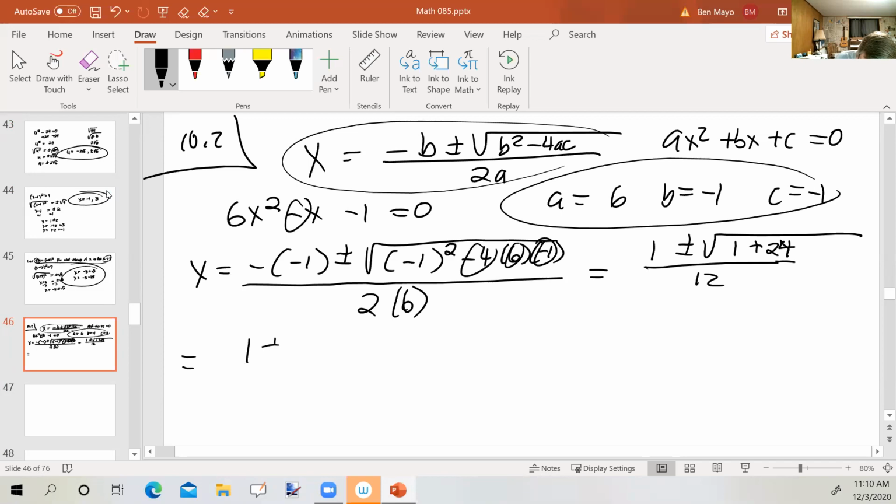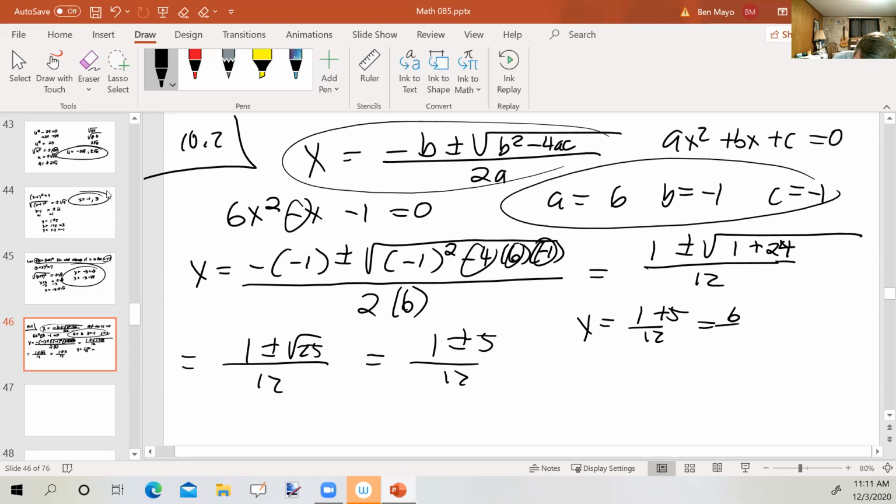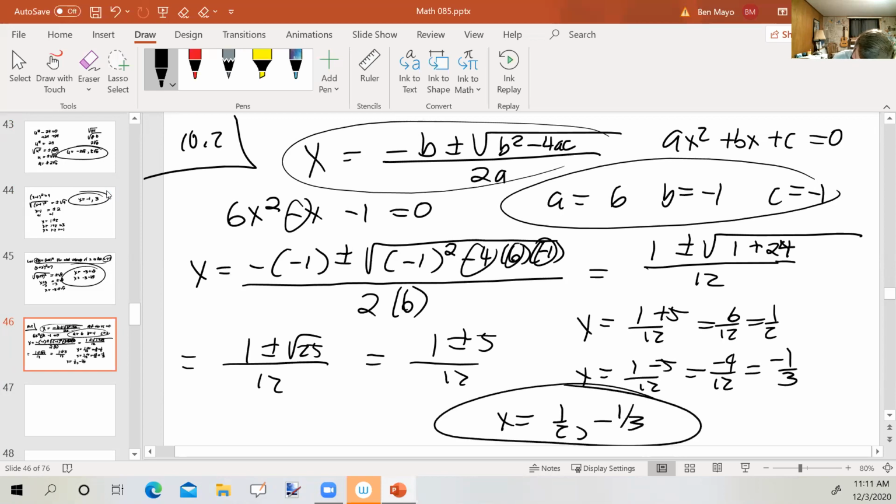And that's going to be 1 plus or minus the square root of 25 over 12, which is 1 plus or minus 5 over 12, because the square root of 25 is 5. So x is 1 plus 5 over 12, which is 6 over 12 or 1/2. X is 1 minus 5 over 12, which is negative 4/12 or negative 1/3. So x equals 1/2 and negative 1/3.